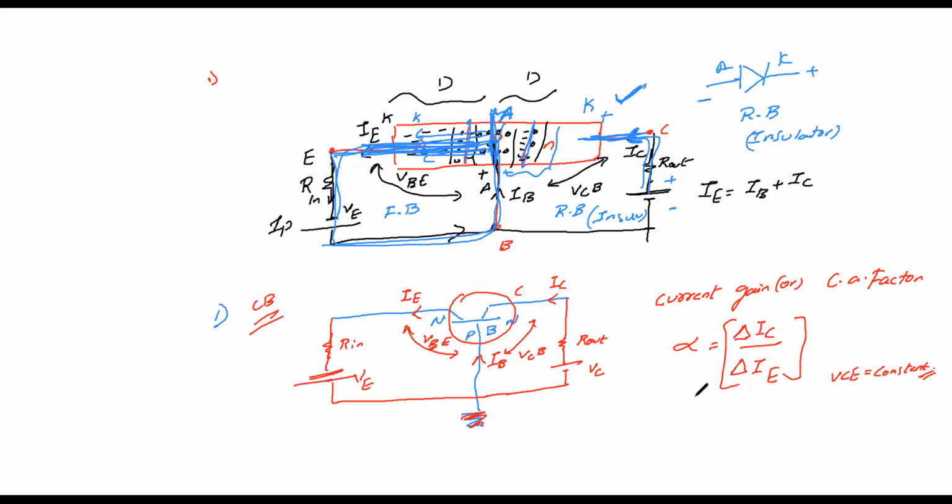Okay, so the second one we'll see is the common emitter configuration. Just note down the circuit and the relation, then we'll see the next one.